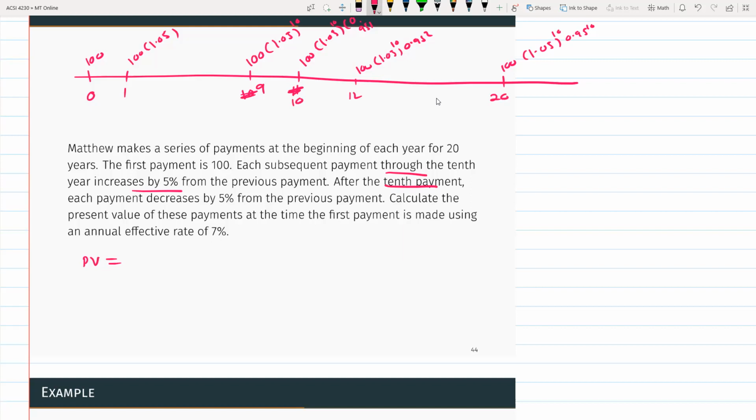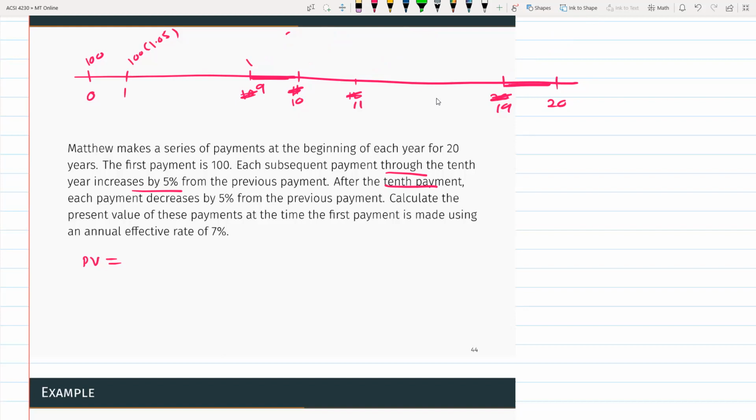So 10, 11, 19 and then 20. At 20, this is the beginning of the 20th year. This is the beginning of the 10th year. Let me change this. These numbers are not correct.